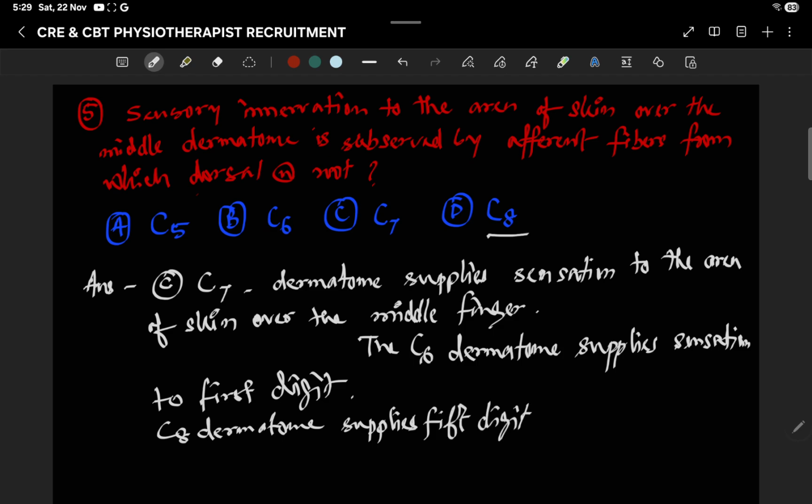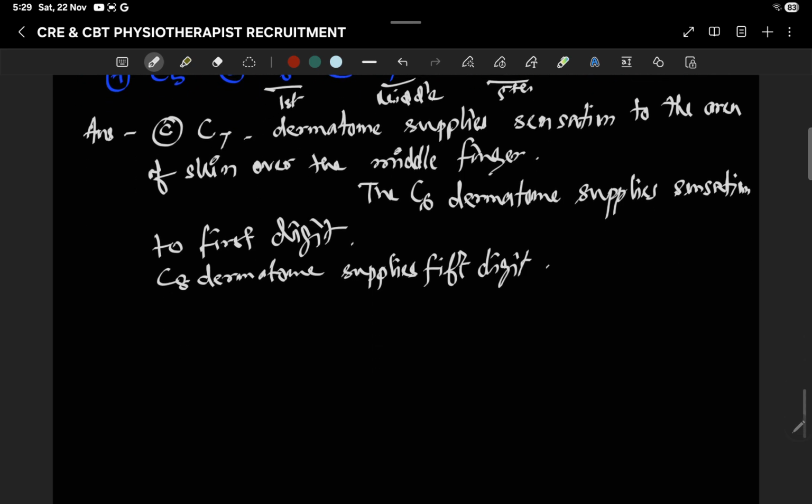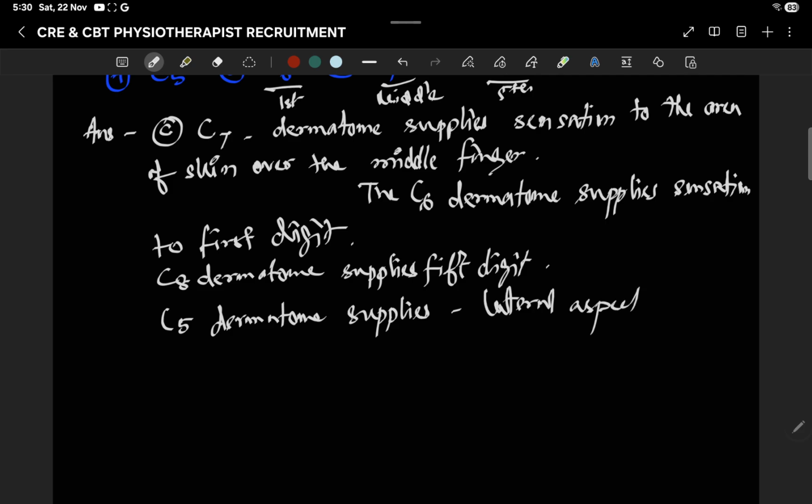C6 supplies the first digit, C8 the fifth digit, C7 the middle, whereas the C5 dermatome supplies the lateral aspect of the arm. Okay.